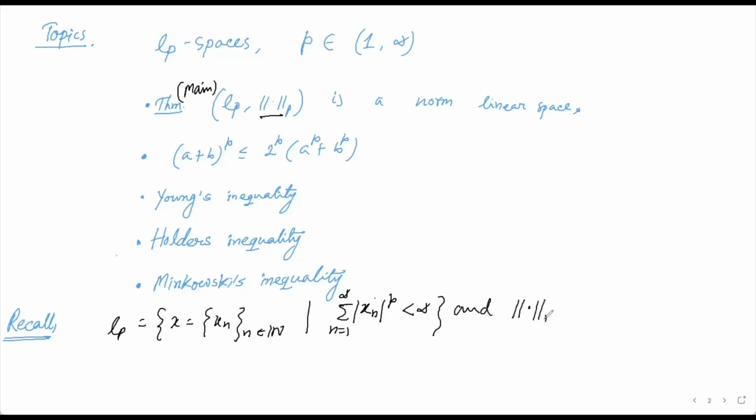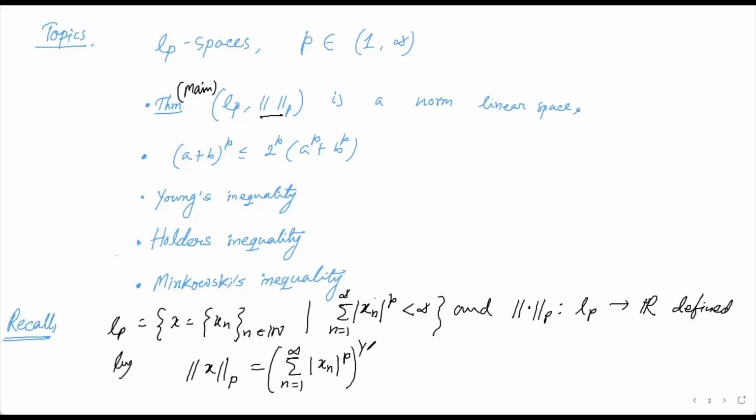This function, norm sub p, has domain L^p and is real valued, so the codomain is R, defined by the norm of x sub p equal to the summation of |x_n|^p, over n equal to 1 to infinity, whole power 1 over p.